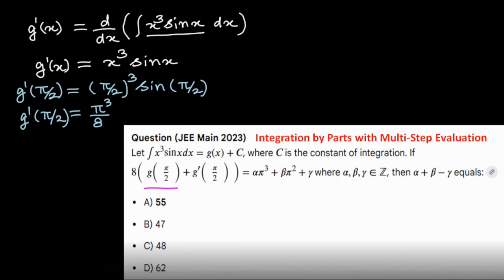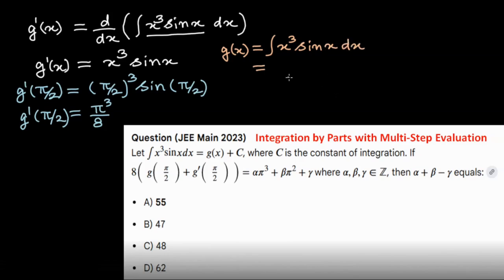Next we need g pi by 2. For that we need g(x), which can be found out by integrating this using integration by parts. So g(x) equals integration x cube sin x dx.